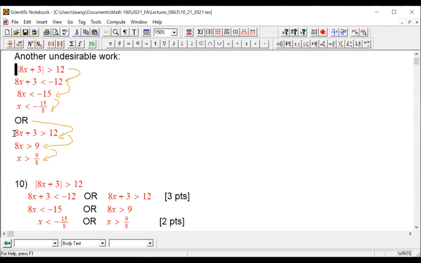But you put the other case later. How is your reader supposed to make that connection if you don't make it clear? Do you guys understand what I'm saying? So don't do this, because you're leaving loopholes here.